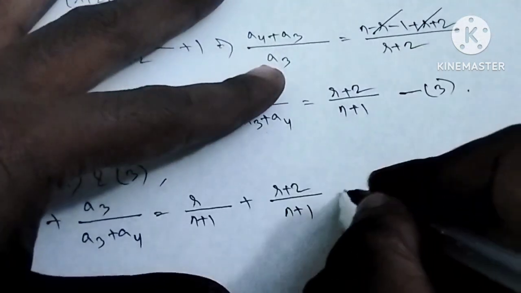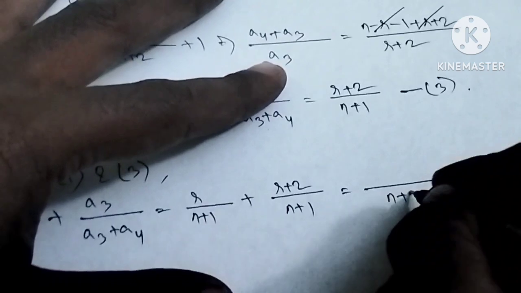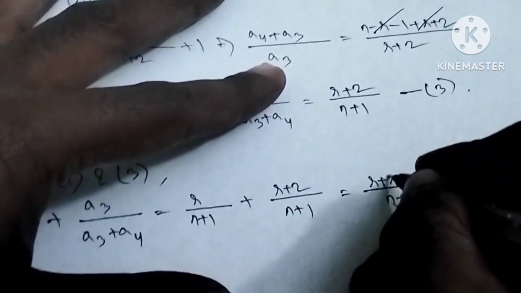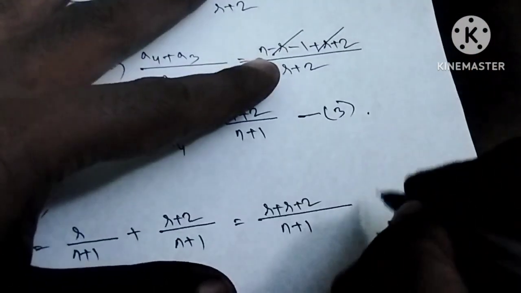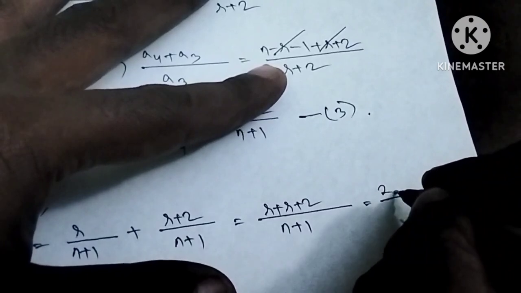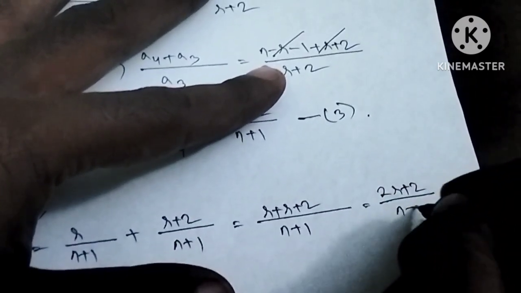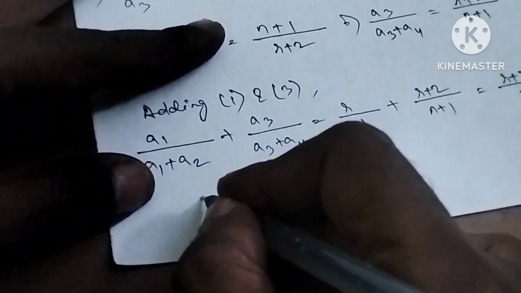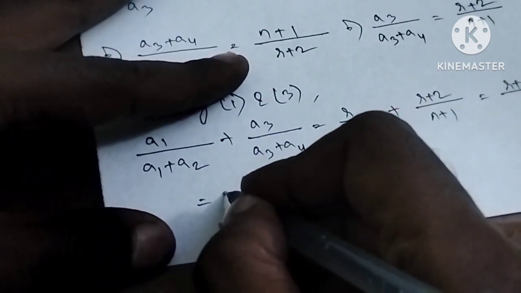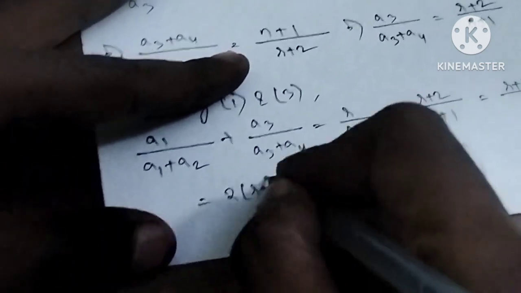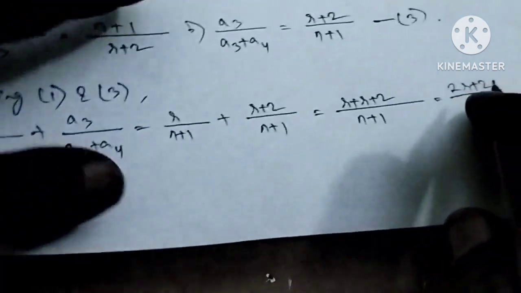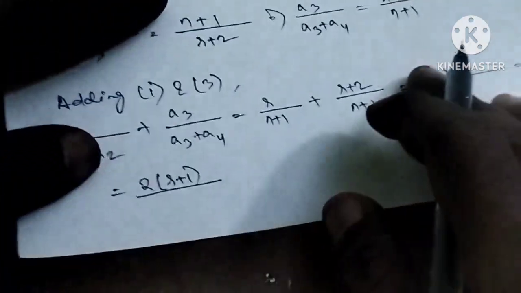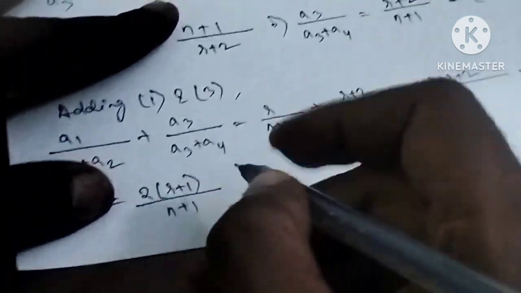Okay. So LCM will be n+1. So it is (2r+2) by (n+1). Okay. So it is 2 into (r+1) by (n+1).